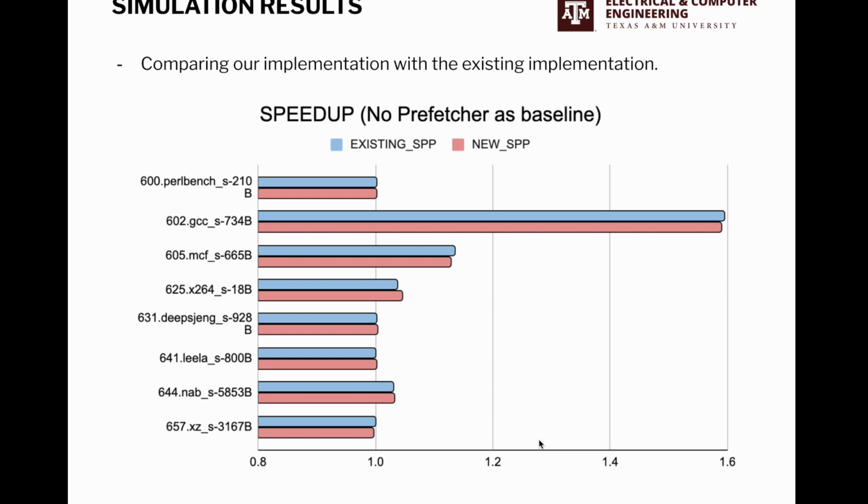After analyzing various confidence parameters, we developed our signature path prefetcher as an L2 cache prefetcher and conducted a comparison with an existing SPP implementation. The speedups achieved by both implementations, using no prefetcher as the baseline, are nearly identical. Our implementation neither improves nor degrades performance when compared to the existing SPP implementation.